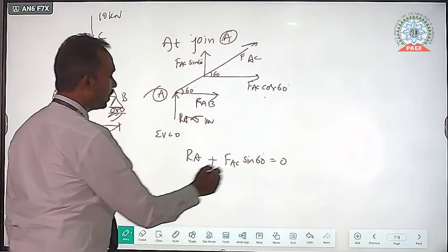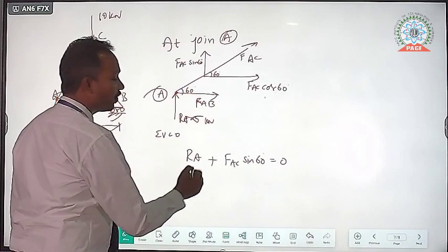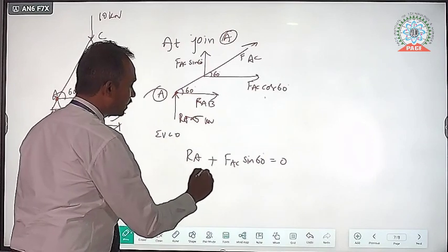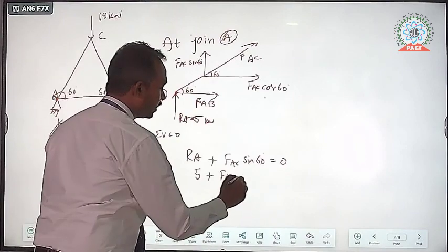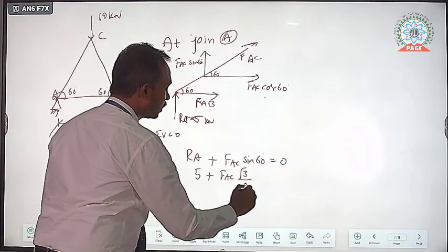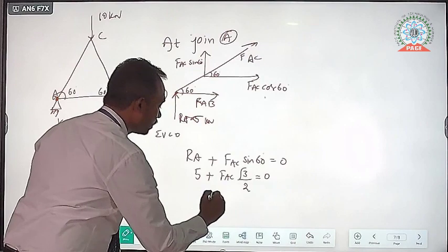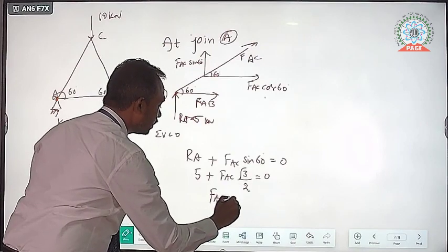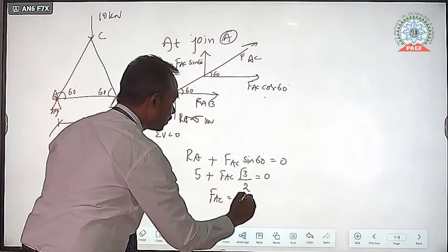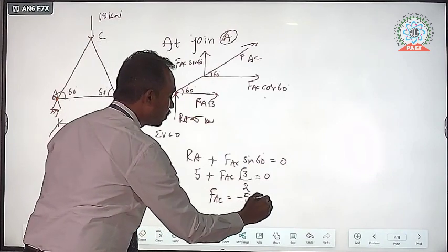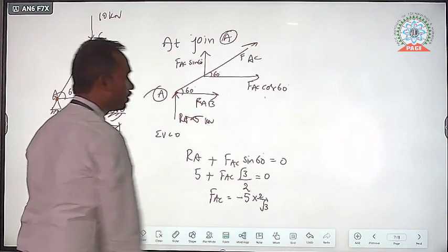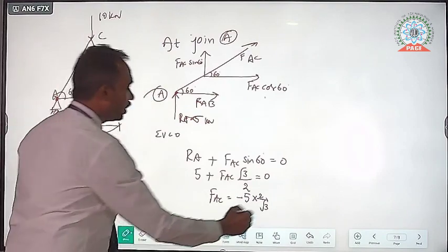We have calculated previously, that is 5 plus FAC sin 60, root 3 by 2, equal to 0. From this FAC is equal to minus 5 into 2 by root 3 kilonewtons.